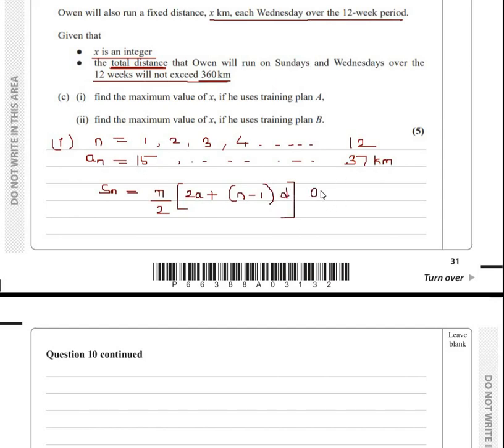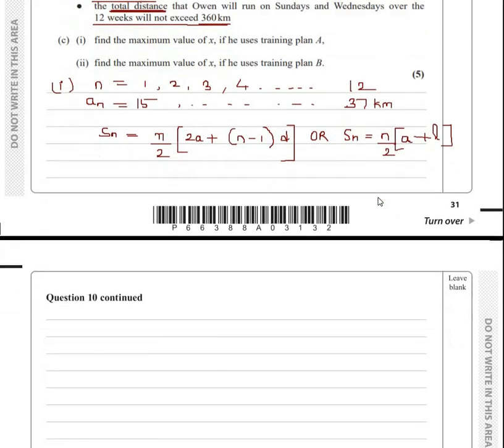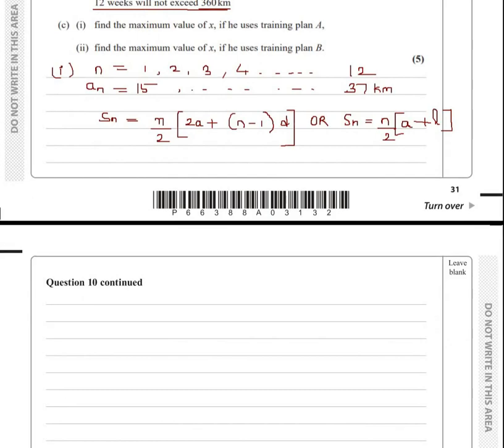Or there is one more formula you can follow: Sn is equal to n over 2 times a plus l, where l stands for the last term, a stands for the first term, and n represents the total number of weeks he has run. You can use either formula. I am going to use the second formula because it is quite easy, and all the terms are with us.